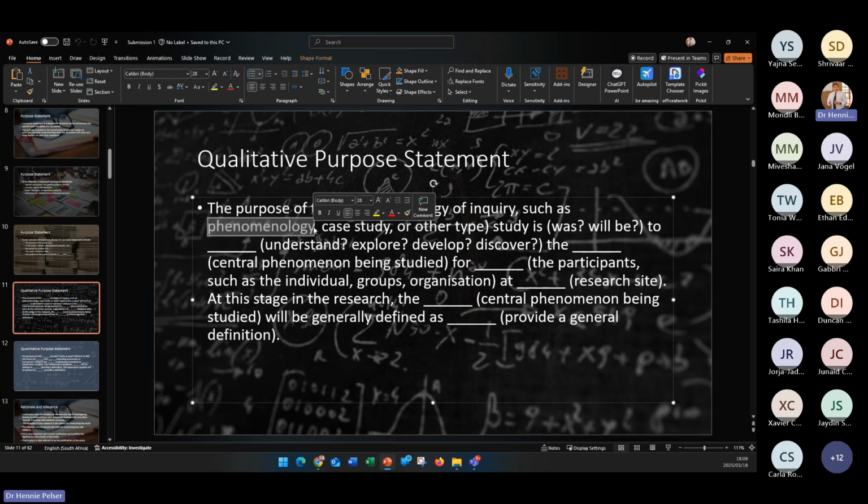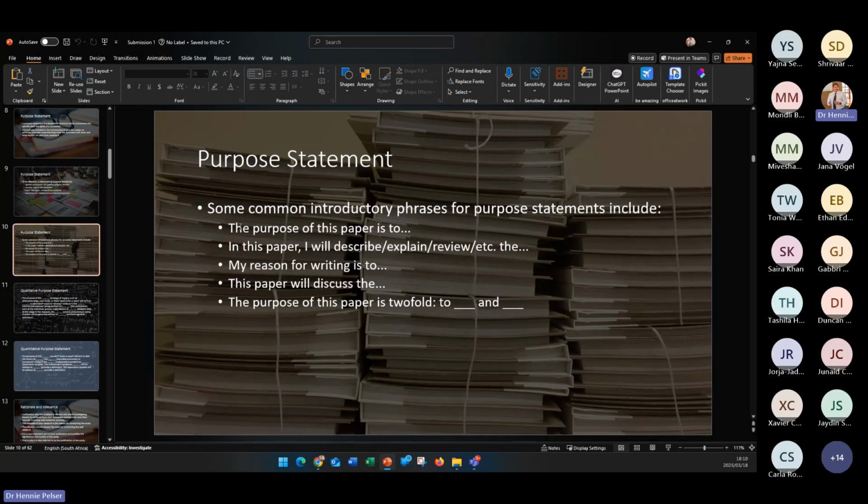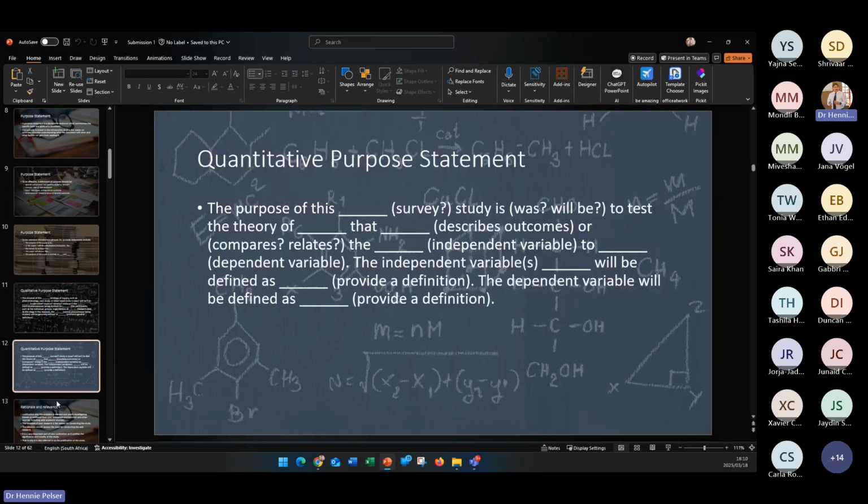So in this phenomenological study is to, and for our qualitative people, we've said explore. Remember, it is to explore, and then you can complete the rest. So you can use these scripts. I include these scripts to be used, but for me, if you want to write the purpose of this paper is to, that's absolutely fine as well. Okay, that should be pretty simple.